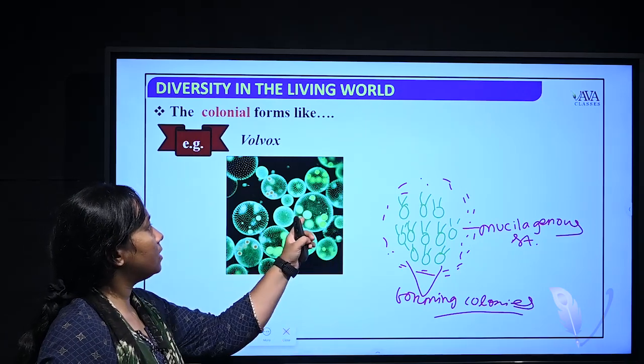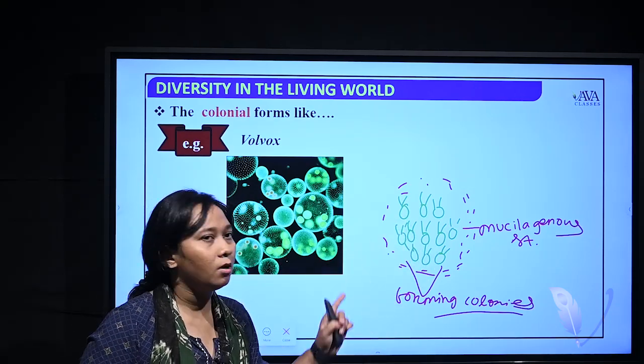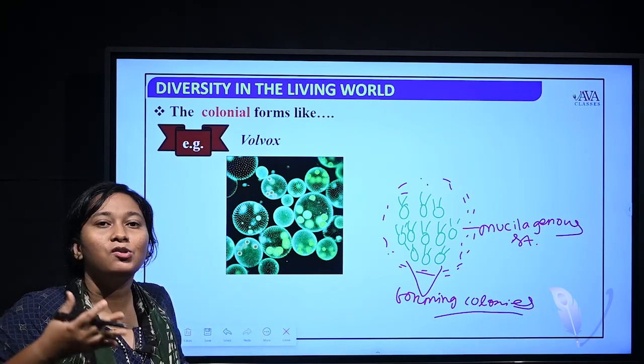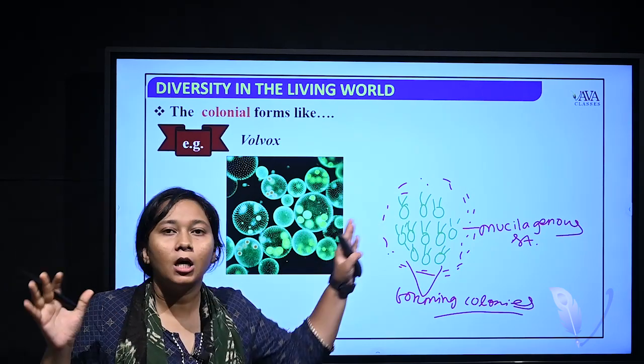Here it is a Volvox, here it is a Volvox. So here you can see in this picture a lot of Volvox, they group together in a mucilaginous structure or a jelly like structure by forming colonies.